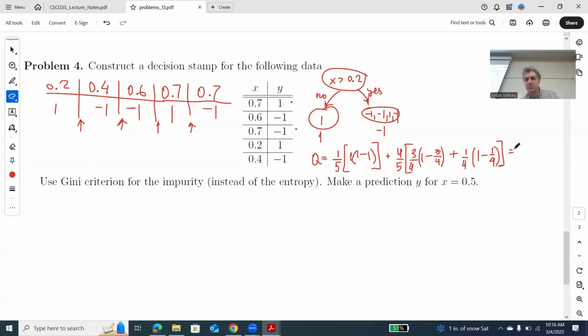So the first is 0, so it will be 4/5 times twice, because they are equal, 3/4 times 1/4. 2 and 4 cancel out. And we get 0.3 or 3/10.